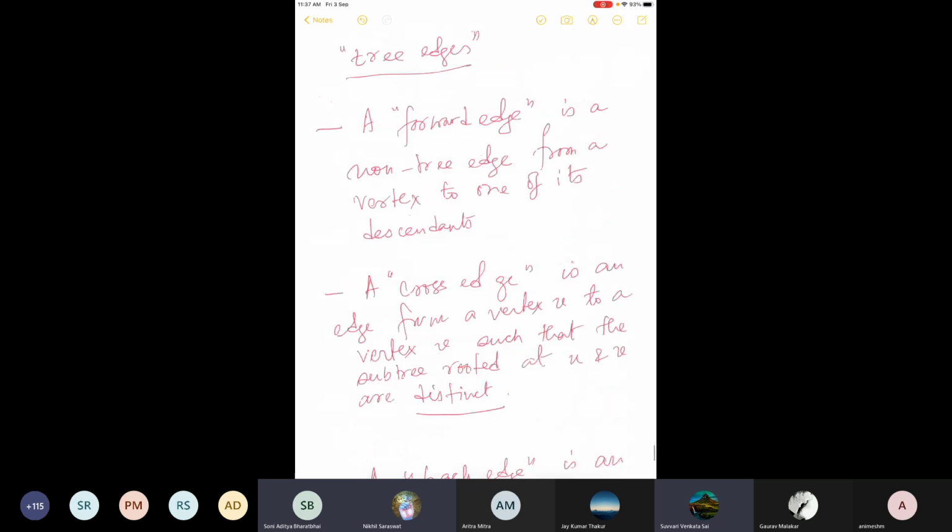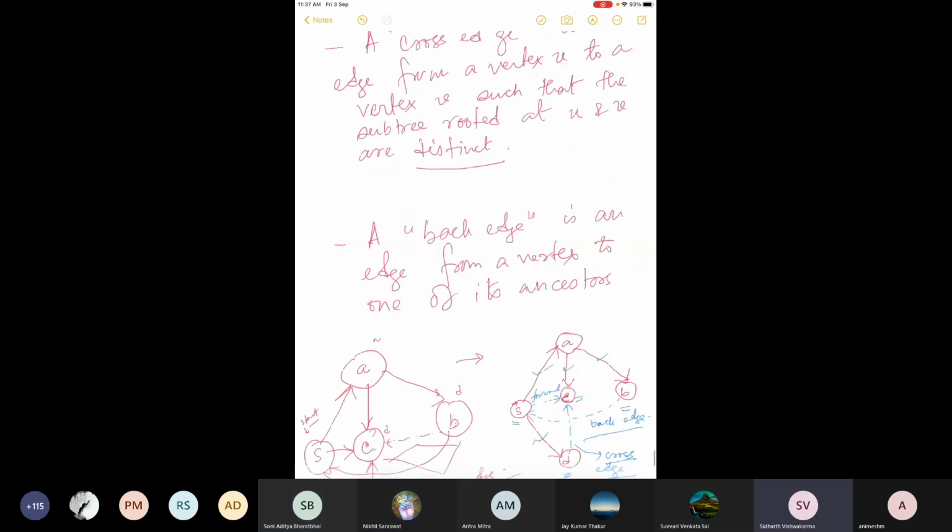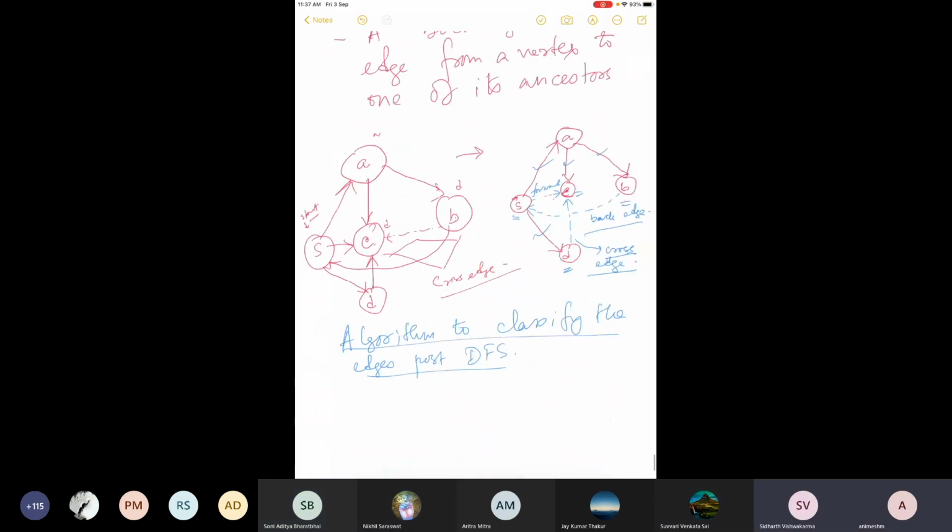Sir, can you explain what non-overlapping subtrees are? Yes. Look at the subtree rooted at C. At C, you do not have any descendant, so its subtree is null.